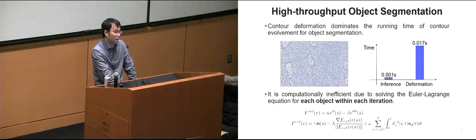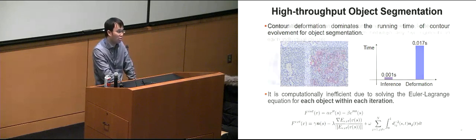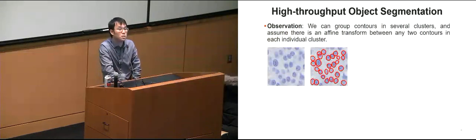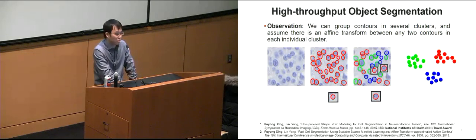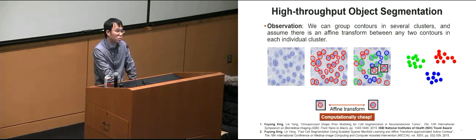computationally expensive method. Actually, based on our observation, we can group the similar cases into the same cluster. And in the same cluster, we use alpha transform to approximate the contour evolution. In this case, it will significantly reduce the running time, because compared with solving the complex Euler-Lagrange equation, alpha transform matrix computation is much cheaper.